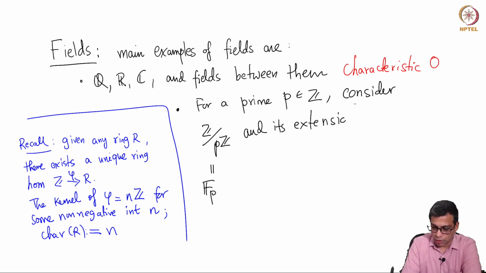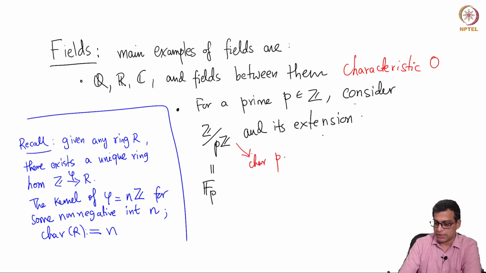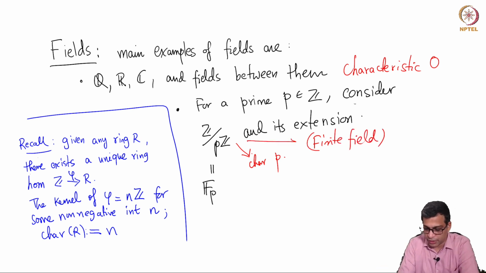I am going to recall the main theorem of finite fields later on. So this is characteristic p, right? So this is a finite field in particular. Its extensions can be infinite, but this class of finite fields is very important for us. Okay, so these are the fields.